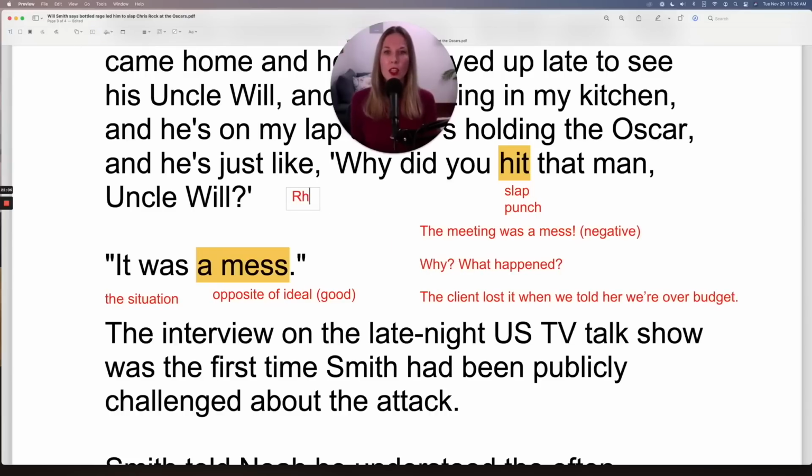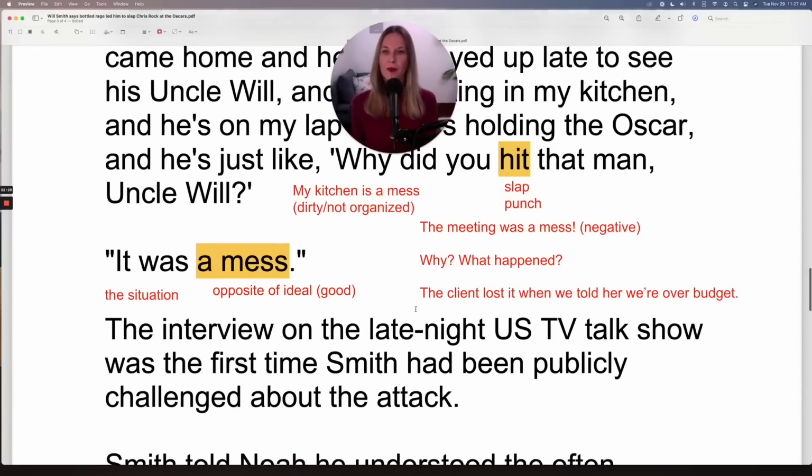The kitchen, my kitchen is a mess. Now, in this case, it's saying it's dirty or not organized. That would be the definition of when you describe a room as a mess, dirty or not organized.